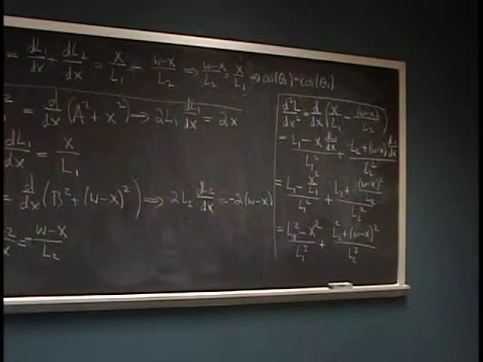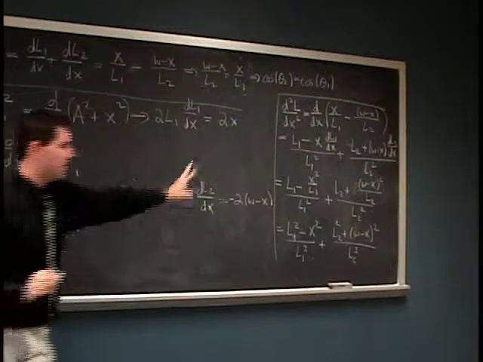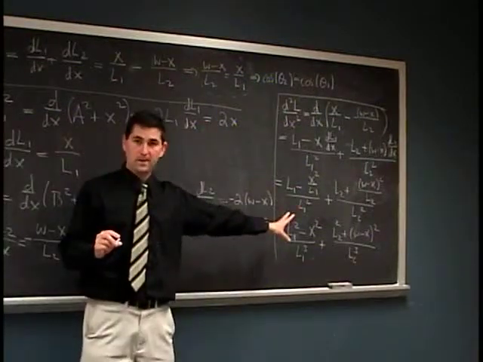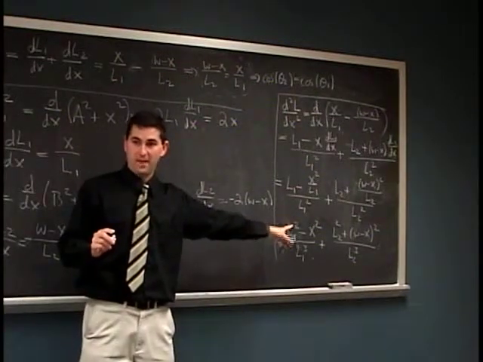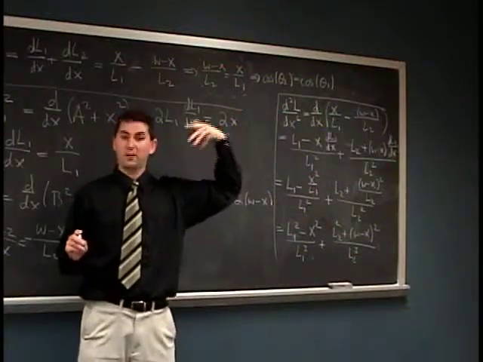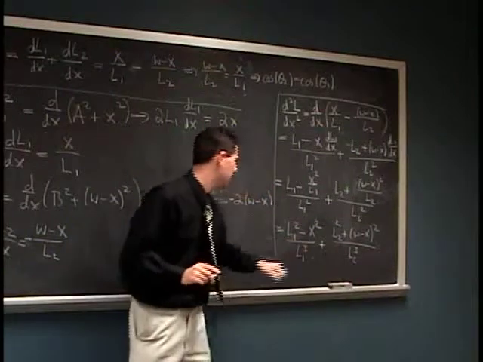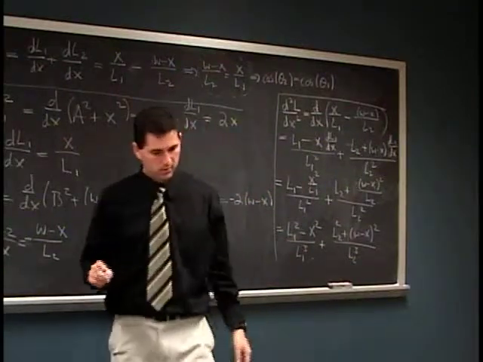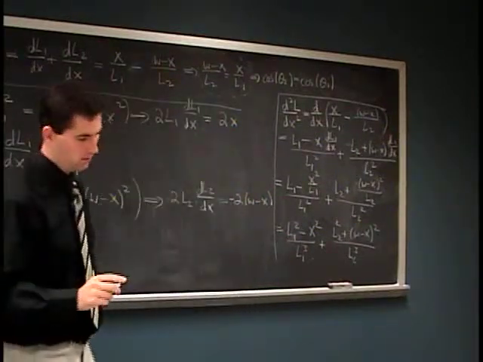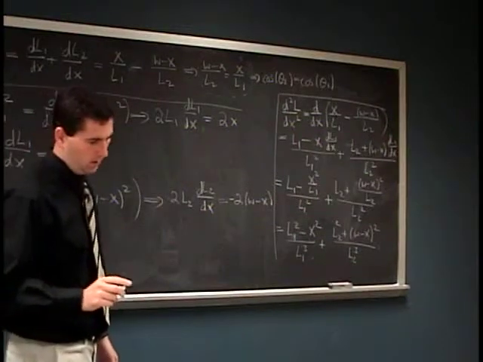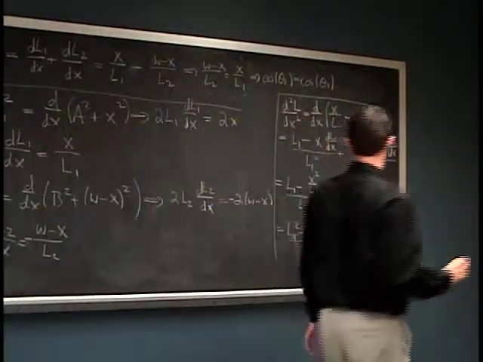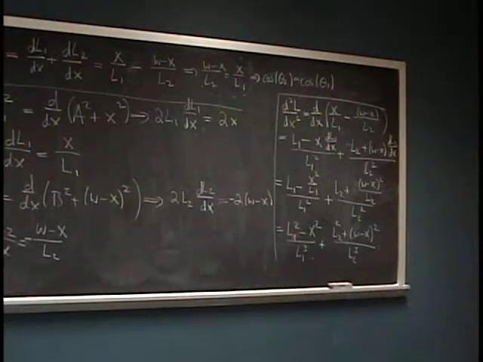Now what I want to show is a positive function. Always positive. That way the second derivative is positive, and so I have a local minimum. Why is this always positive? I feel like I made another minus sign.